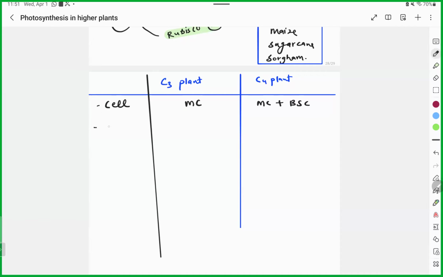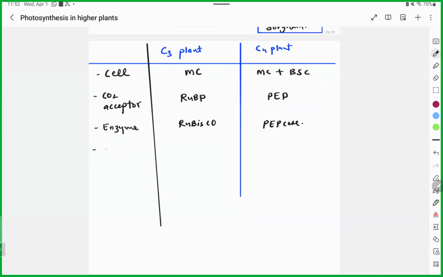Then, the primary CO2 acceptor, who will accept this CO2? Here in C3 plants it is RuBP. Here it is phosphoenol pyruvate. The enzyme in this acceptor process: here the enzyme is Rubisco. Here the enzyme is PEP case. Correct?